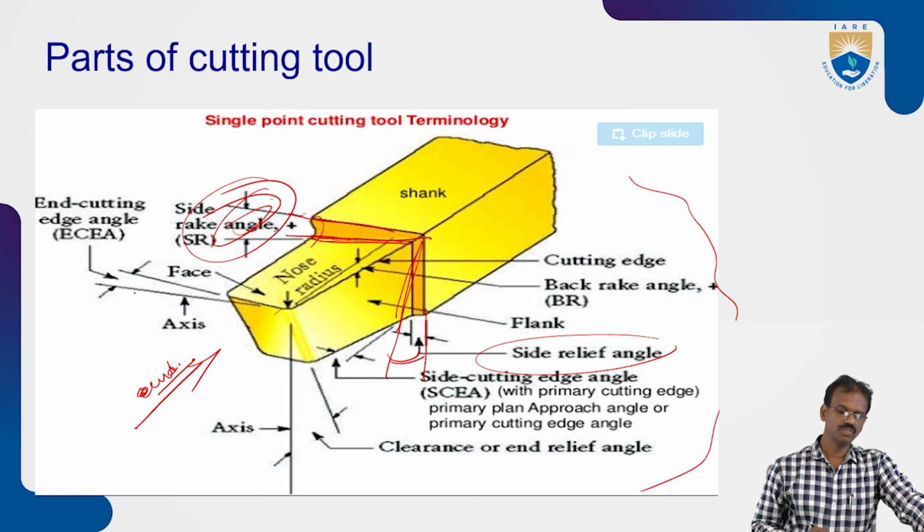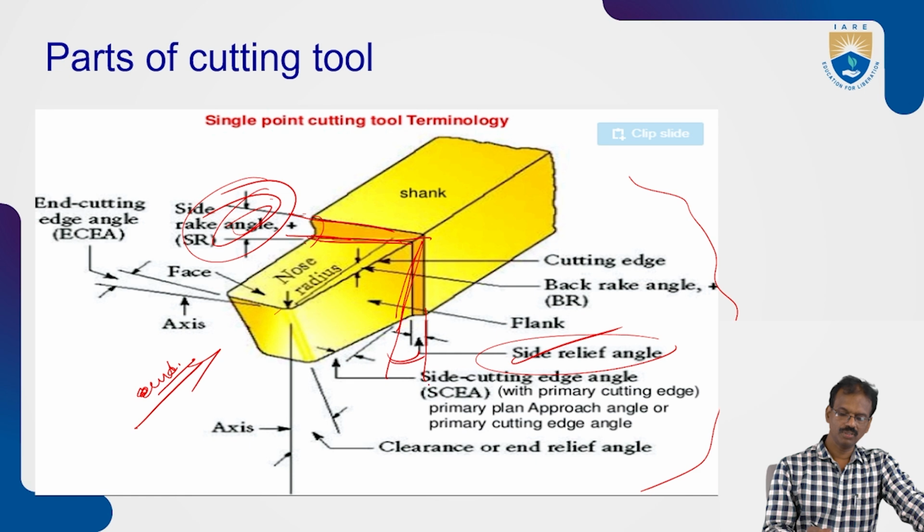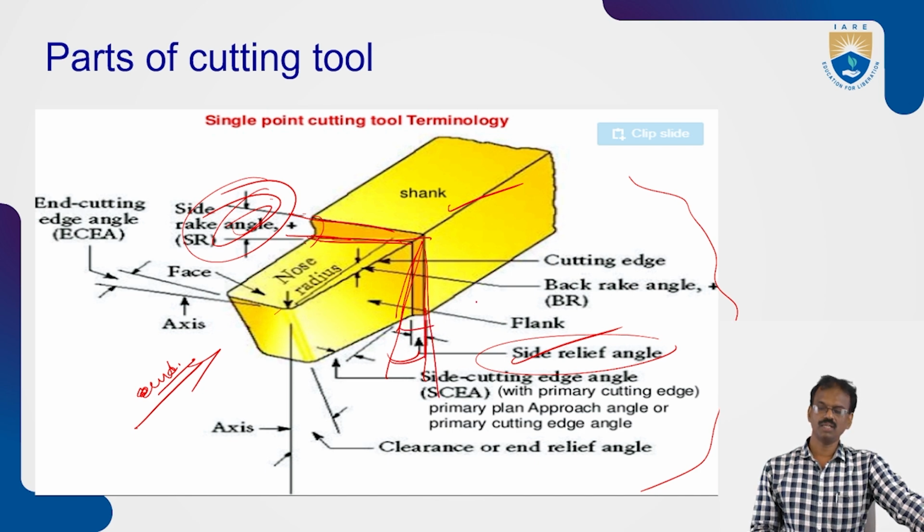This is nothing but the side rake angle. Just like that, the side relief angle is the angle between the flank surface and the line which is perpendicular to the tool bit. This angle is nothing but the side relief angle.